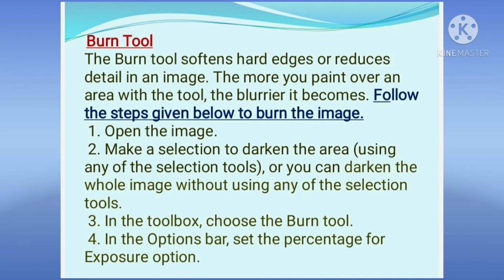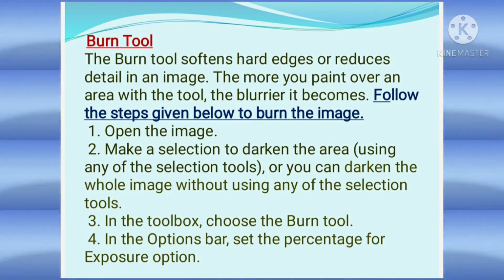First, open the image. Second step, make a selection to darken the area using any of the selection tools, or you can darken the whole image without making any selection. Third, in the toolbox, choose the burn tool. Fourth, in the options bar, set the percentage for the exposure option.